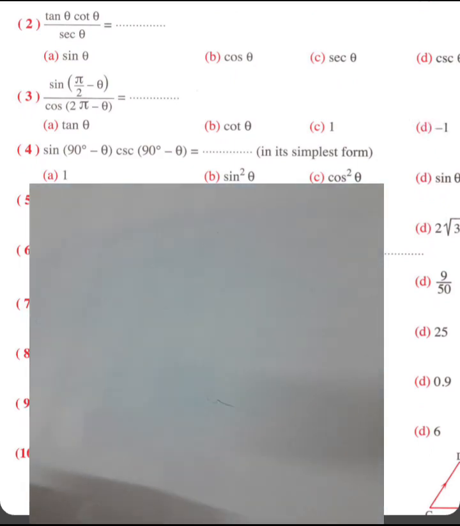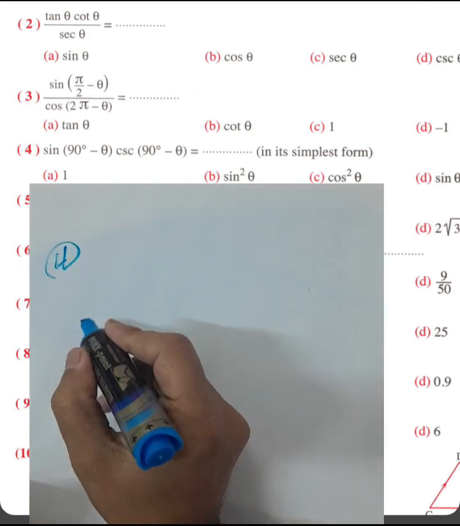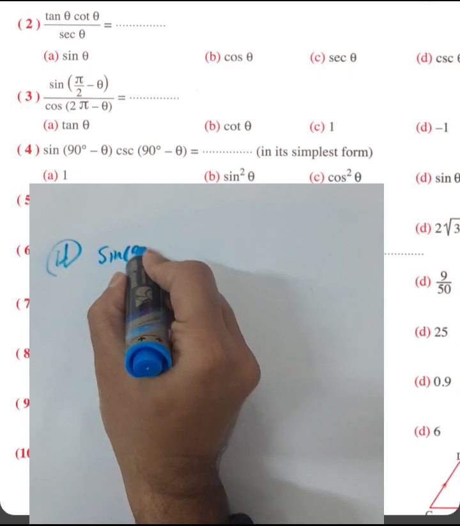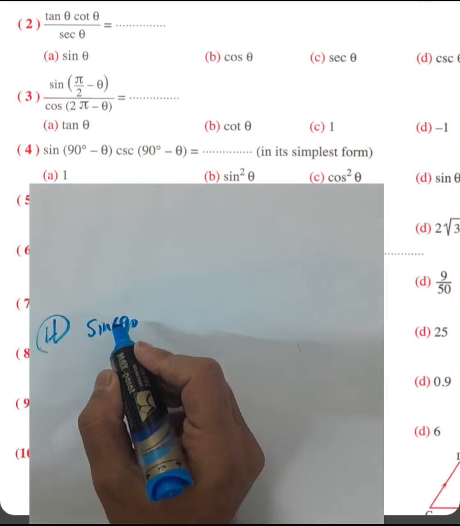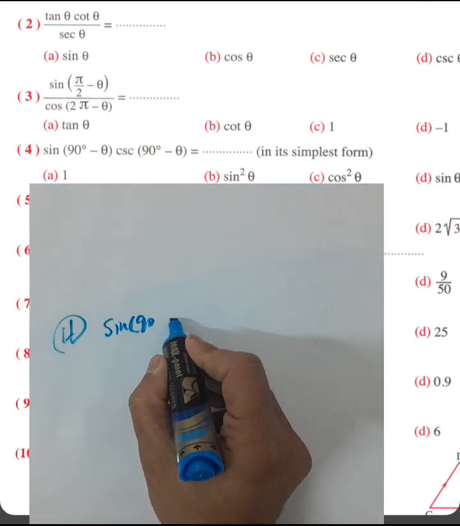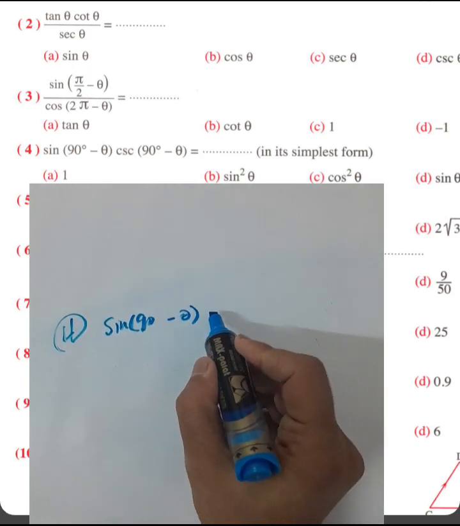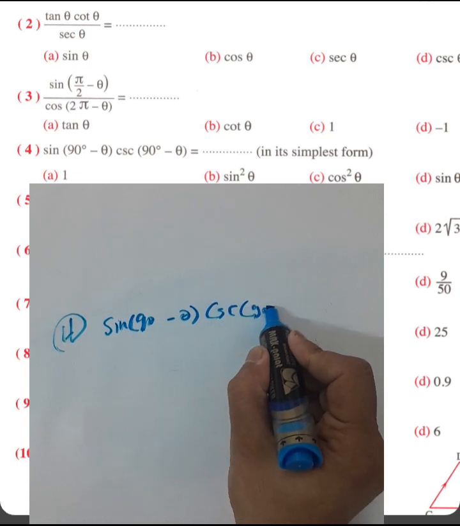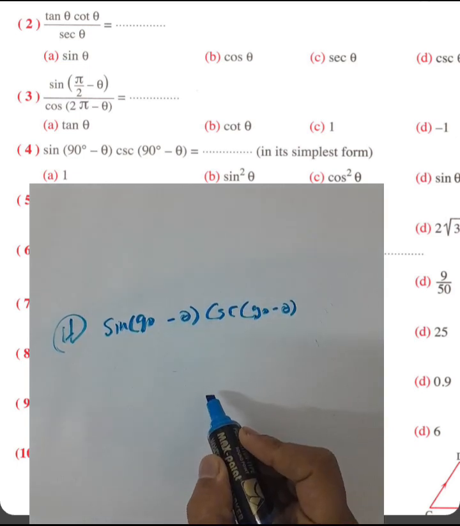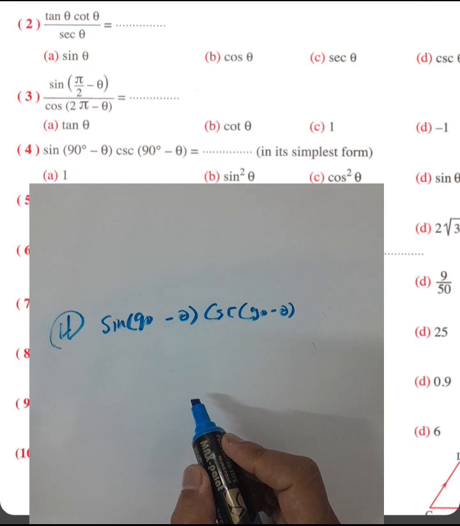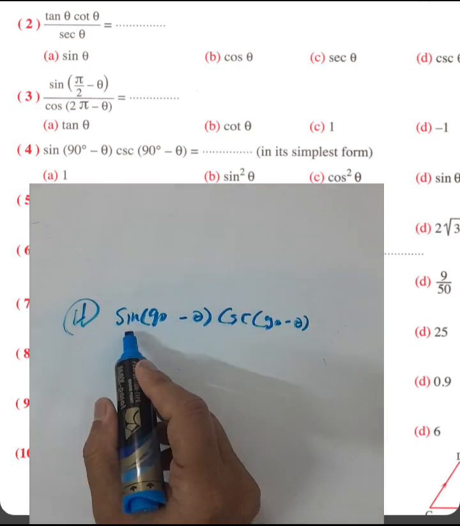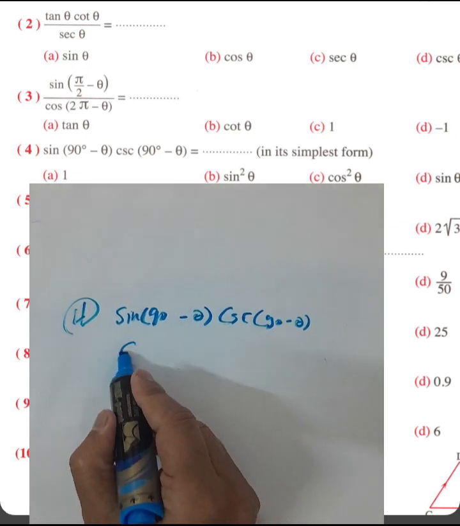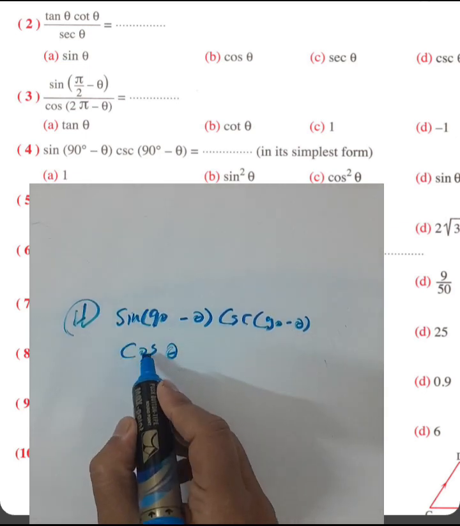Next, question number 4. Sine of 90 subtract theta times cosec of 90 subtract theta in the simplest form. We can write sine of 90 subtract theta lies in the first quadrant, and change sine to cosine.